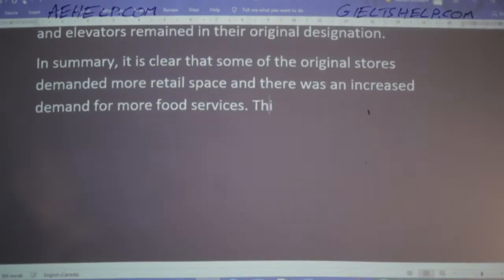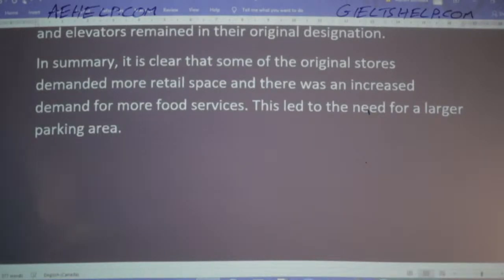This led to the need for a larger parking area. Okay, so this would be my summary.